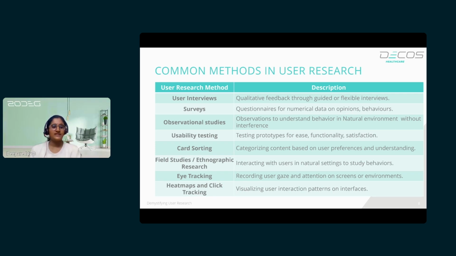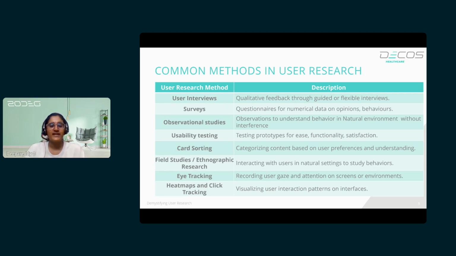The next method here is card sorting. Here users categorize information or content into groups based on their understanding and preferences. It is used for organizing information architecture, improving navigation, and also enhancing content findability within a user interface.